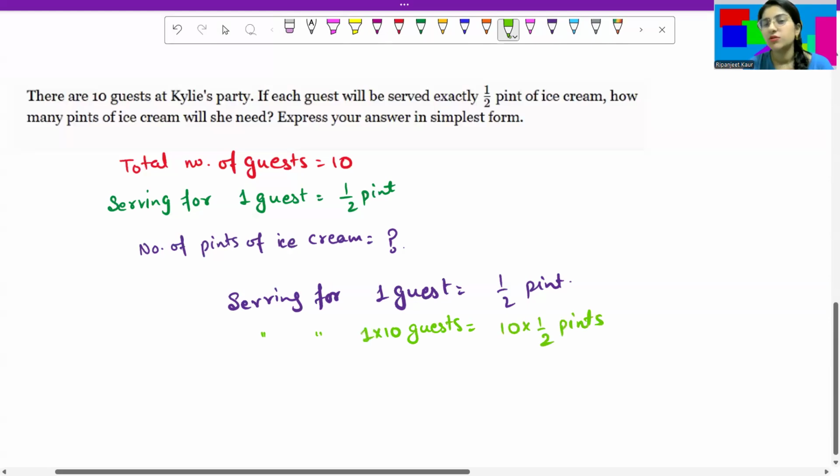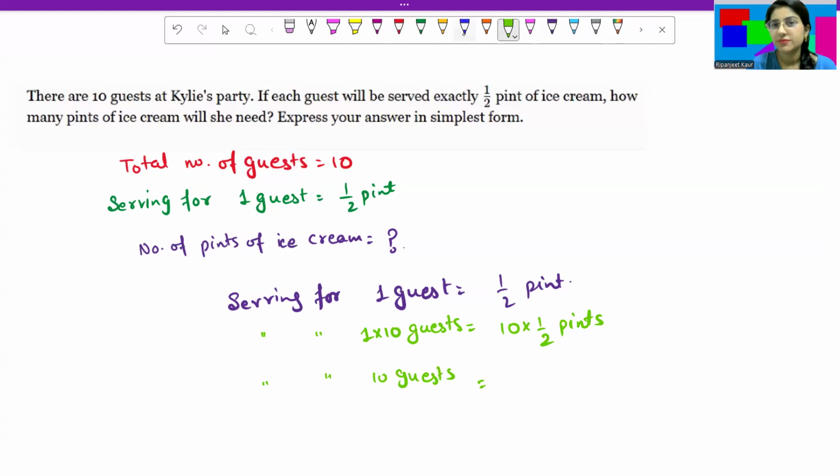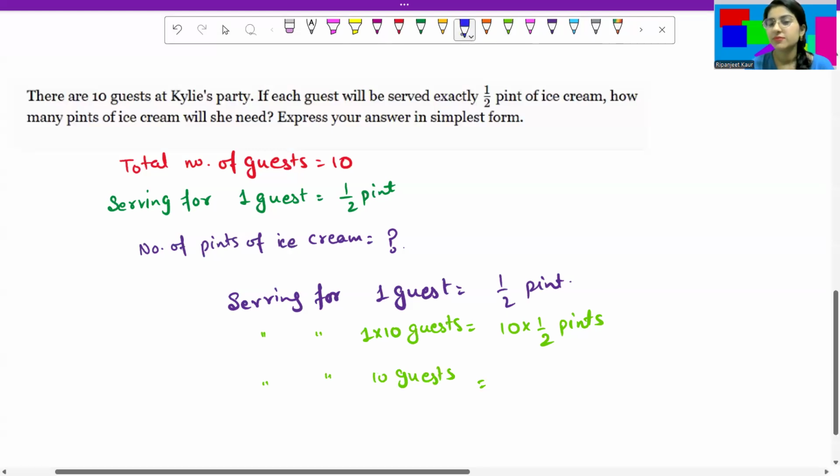So now, what do you think is the answer? Serving for 10 guests, how much is it going to be? You put 10 here. Don't you have to put a 1 on the bottom? Oh, you want me to put it like that? Yeah, sure, we can do it. This time it's multiplication, not adding or subtracting the fractions.